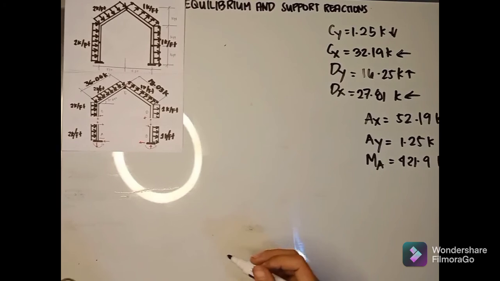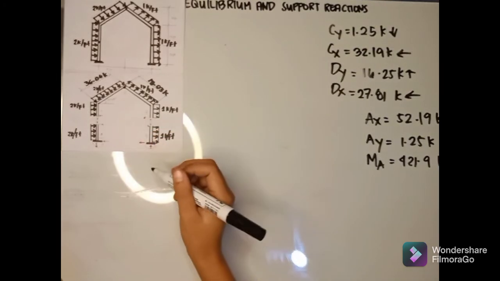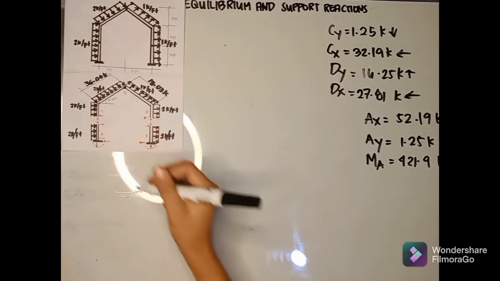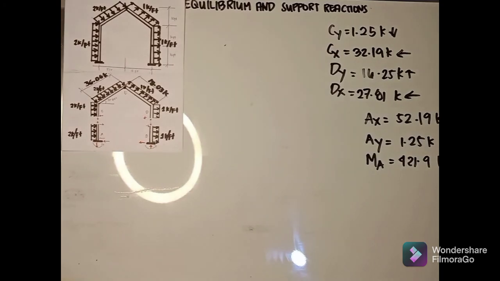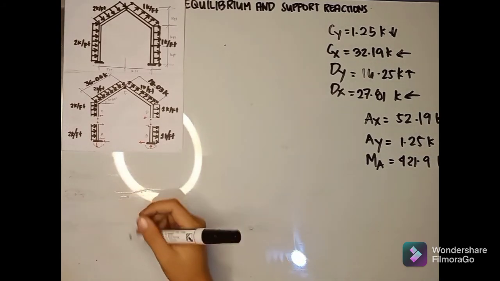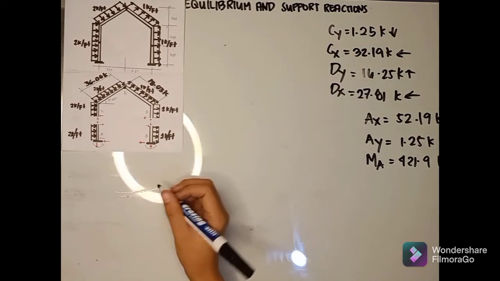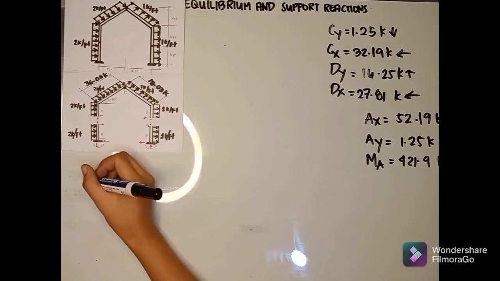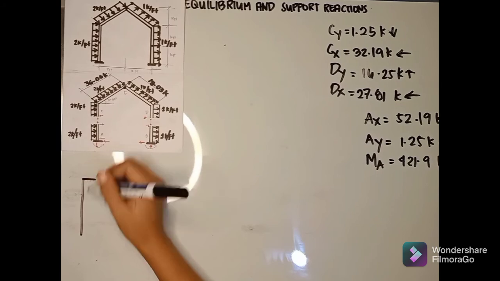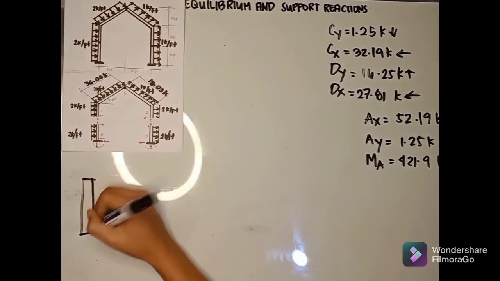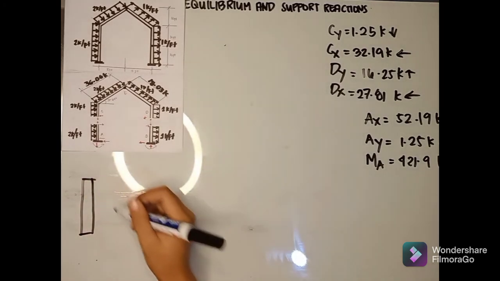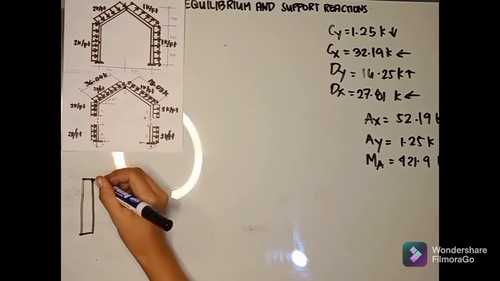Now that we're done with the portion AC, let's now proceed to the free body diagram of portion BD. So, mag-draw tayo ng free body diagram.